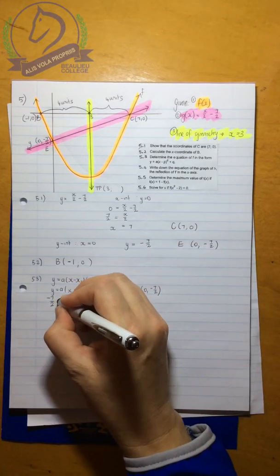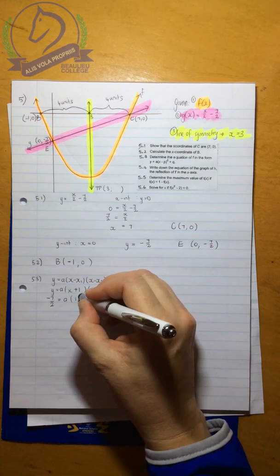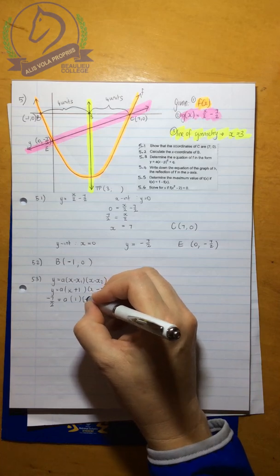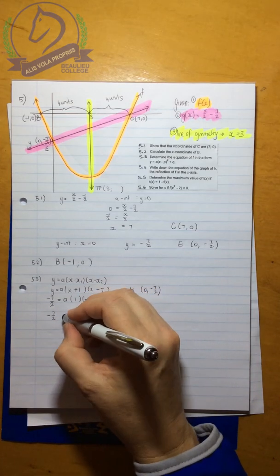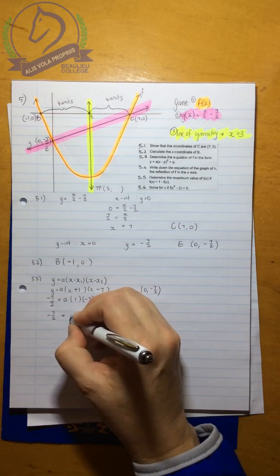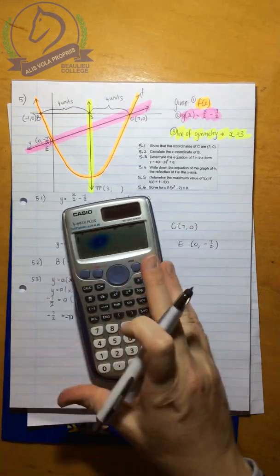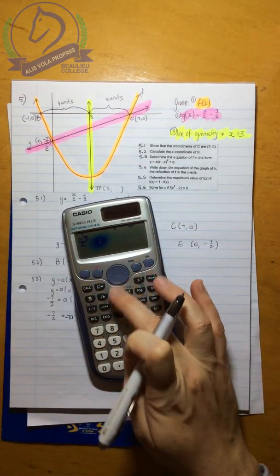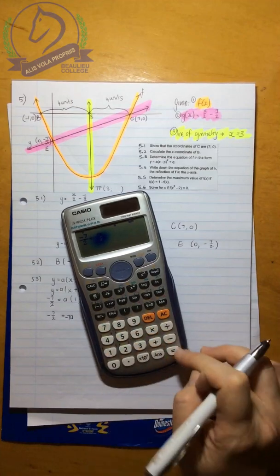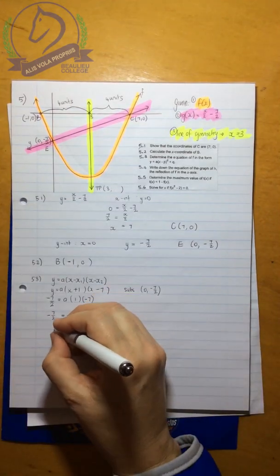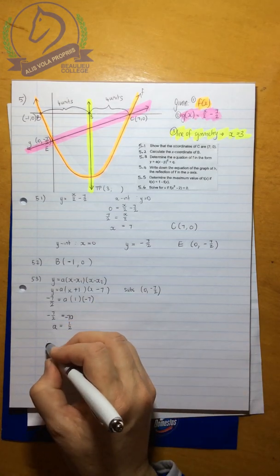So minus 7 over 2 is equal to a times (0 plus 1)(0 minus 7). 0 plus 1 is 1, and 0 minus 7 is minus 7. So minus 7 over 2 equals negative 7a. So minus 7 over 2 divided by negative 7 gives me a has a value of a half.